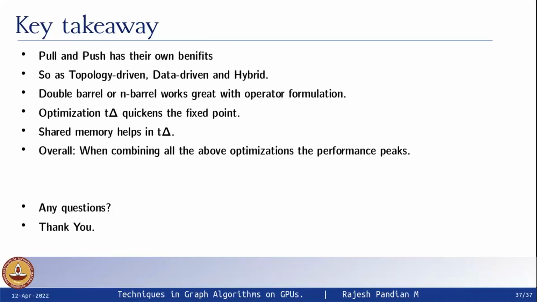The T optimization speeds up the fixed point iterations and makes convergence faster. And when there is T delta, we can use shared memory, which improves performance. Overall, combining all the above optimizations, we can get peak performance for any graph algorithm implemented on GPU. These are the techniques that helped us in our research.